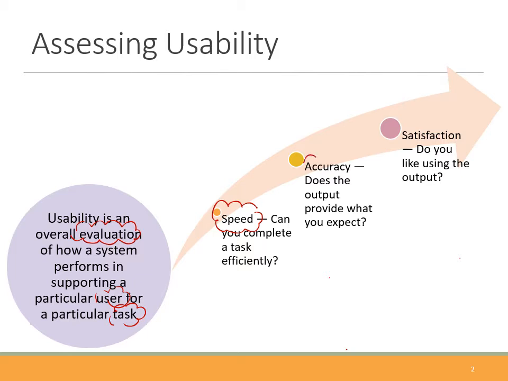Or the accuracy criteria: is the output the system provides accurate and correct according to what we expect? Or satisfaction, that is, whether or not users are satisfied with the output, with the performance, with everything about the system.